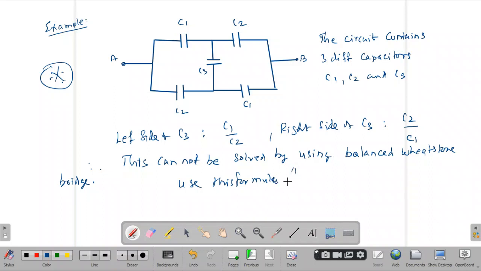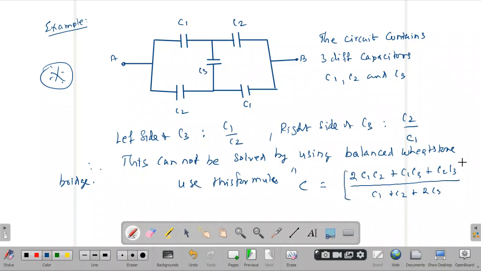Very important formula. What is the effective capacitance? C1, C2 two times repeated. So 2 times C1 C2, and C1 C3 one time, and C2 C3 also one combination, all divided by C1 plus C2 plus 2 times C3.